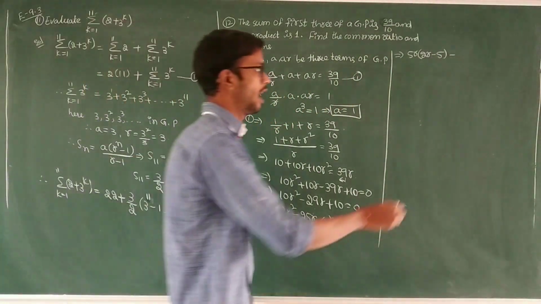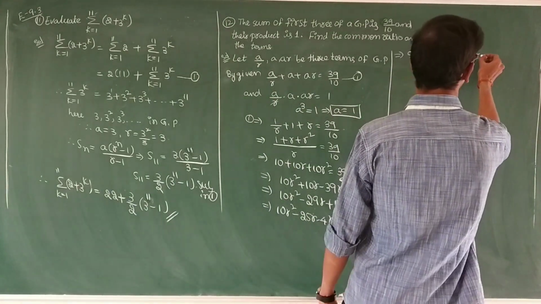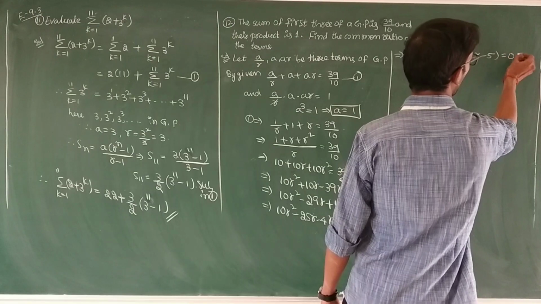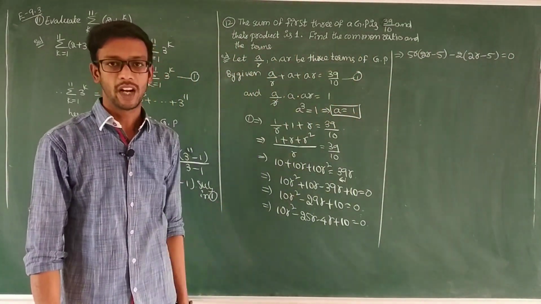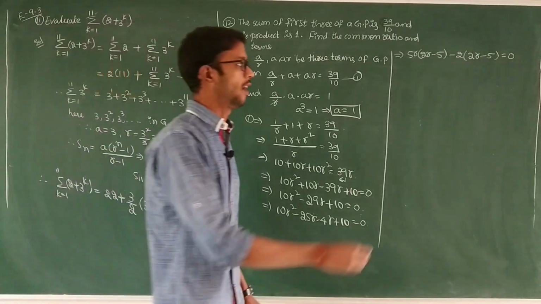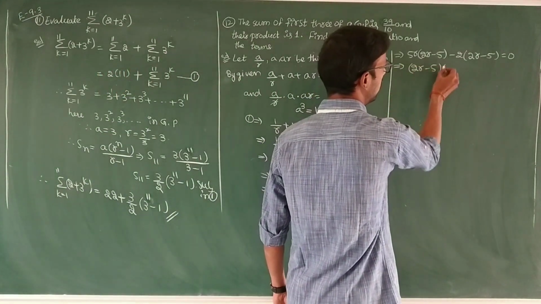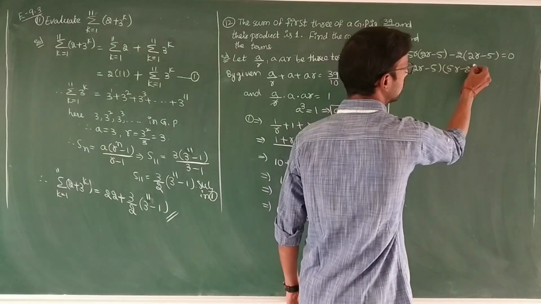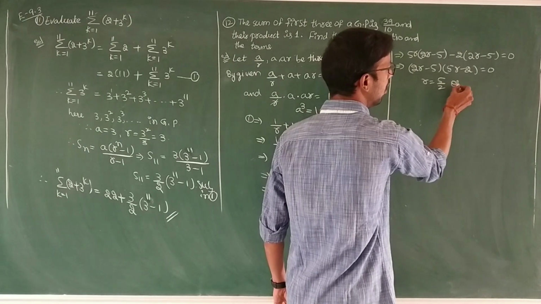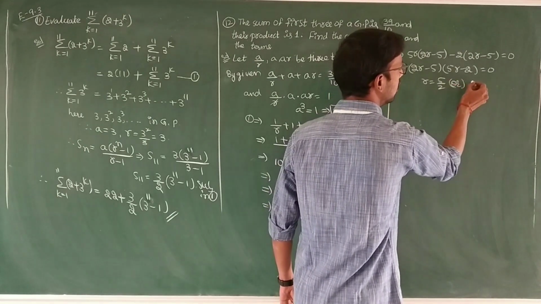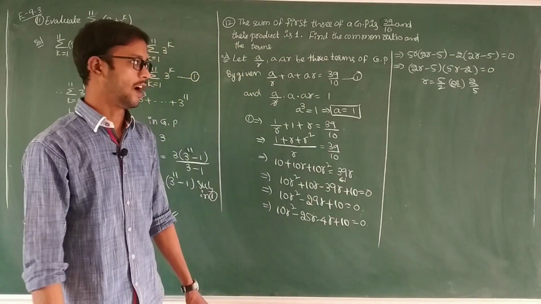Minus 2 take common, 2r minus 5 is equal to 0. So next step, you can take the common 2r minus 5. 2r minus 5 into 5r minus 2 is equal to 0. r is equal to 5 by 2, r is equal to 2 by 5.